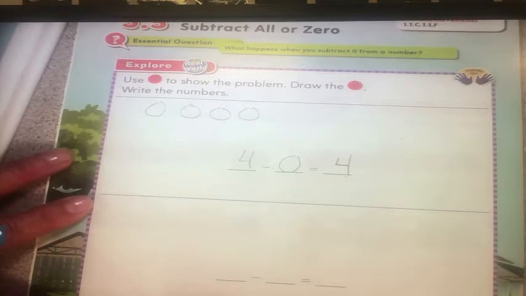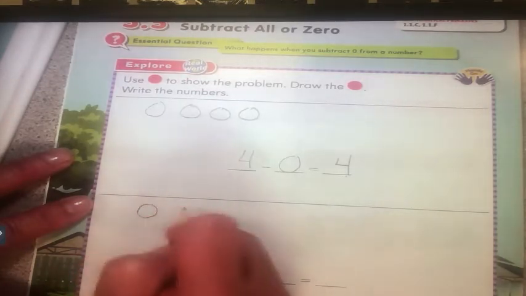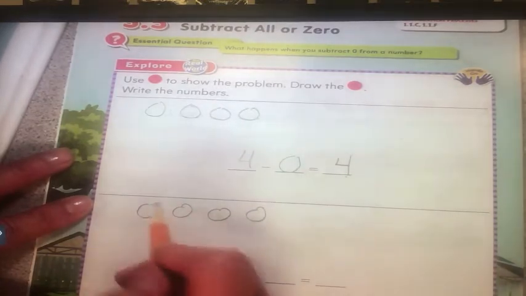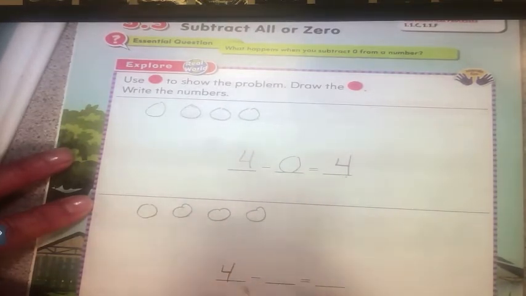Now the next one. 4 toys are on the shelf. 4 toys are taken off. How many toys are there now? All right, let's see. 4 toys on the shelf. 1, 2, 3, 4. We're going to put it in our sentence.